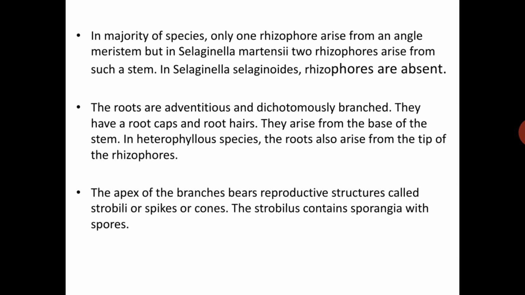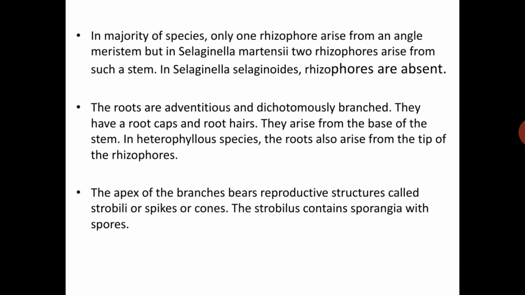In Selaginella selaginoides, rhizophores are absent. Their roots are adventitious and dichotomously branched. They have root caps and root hairs here. They arise from the base of the stem. In heterophyllous species, the roots also arise from the tip of the rhizophores.